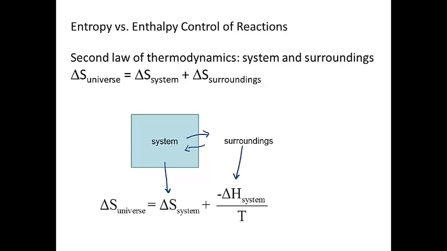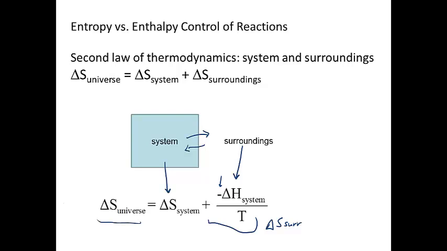So if the system is losing energy, delta H for the system is negative, but that means the surroundings is gaining energy. And therefore we change the sign of delta H for the system so that it's actually talking about the energy exchange for the surroundings. And you take that energy amount and divide it by the temperature at which the reaction happens, and that becomes delta S for the surroundings. And then you add that to the delta S of the system, and you get delta S for the universe.